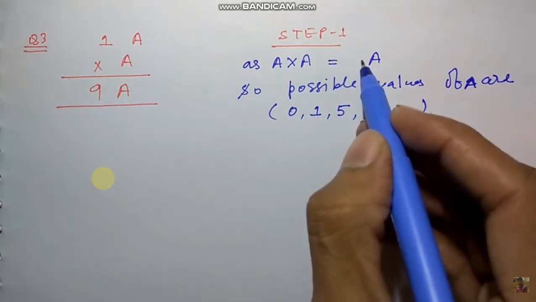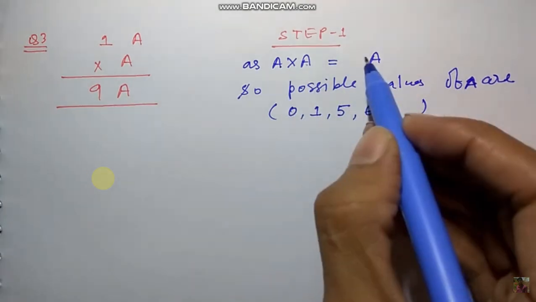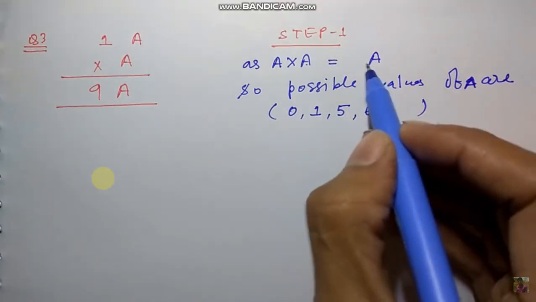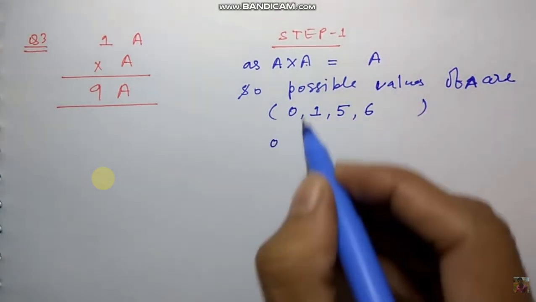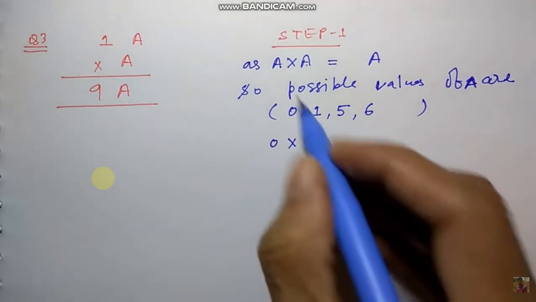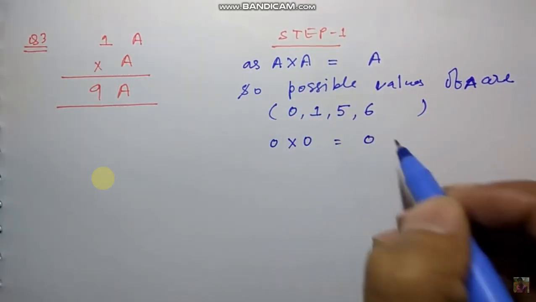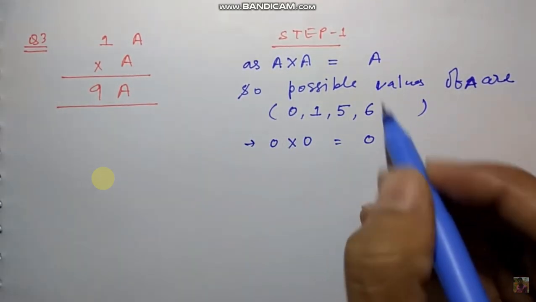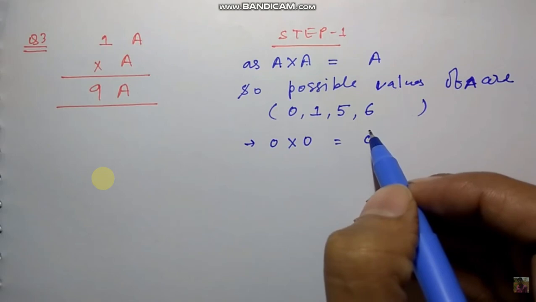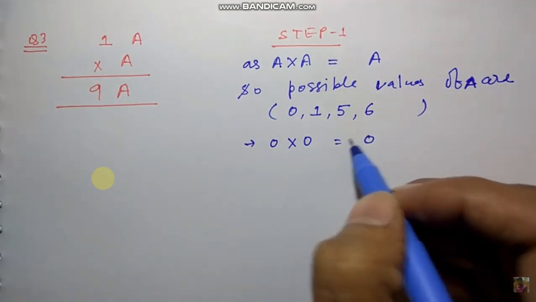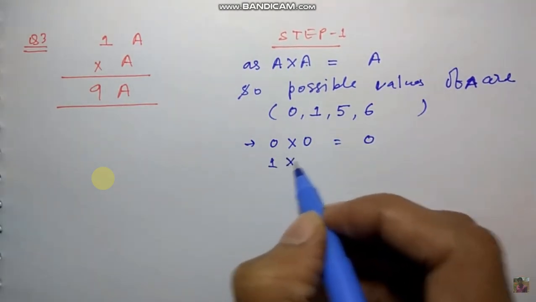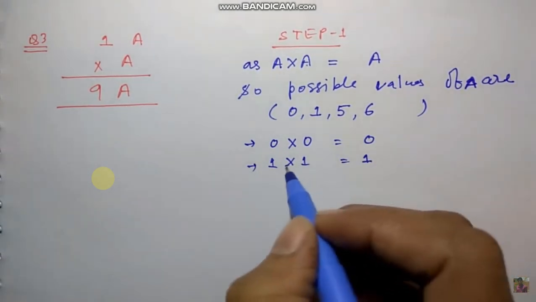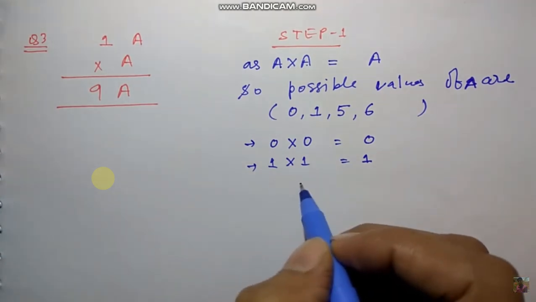Suppose we take A is equal to 0. Then 0 into 0 is 0, but here in the tens place of the product there is 9, so it does not work.